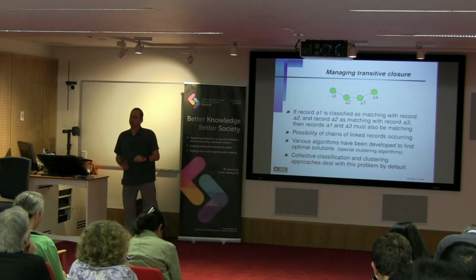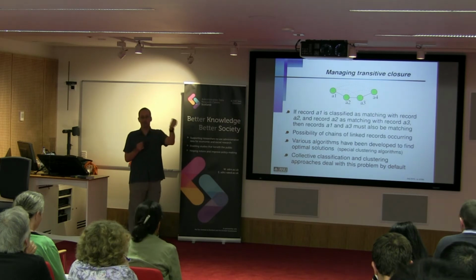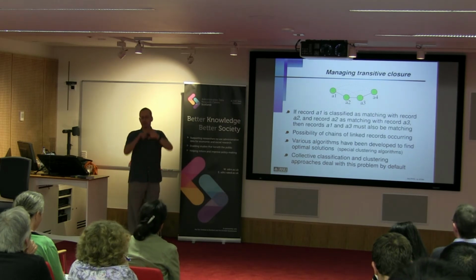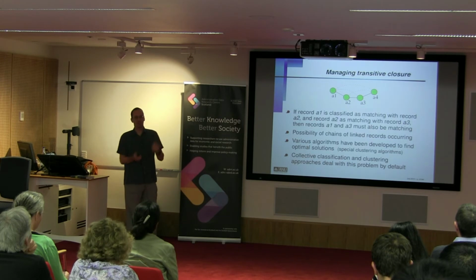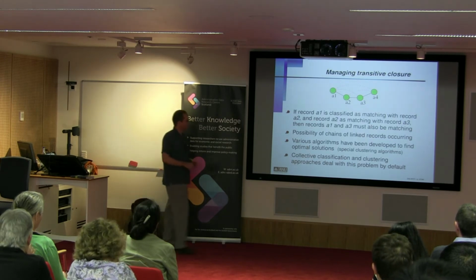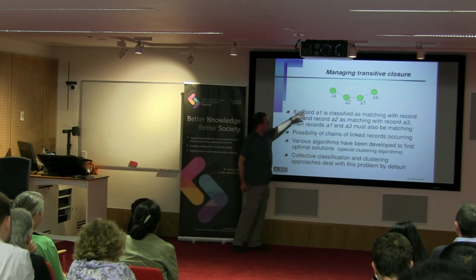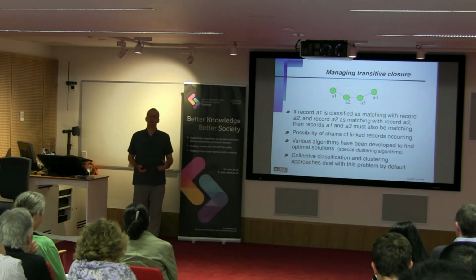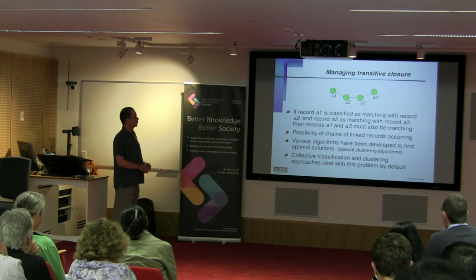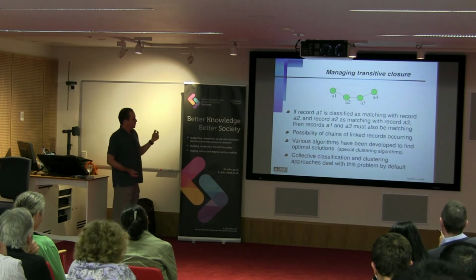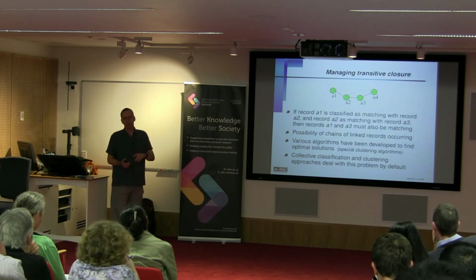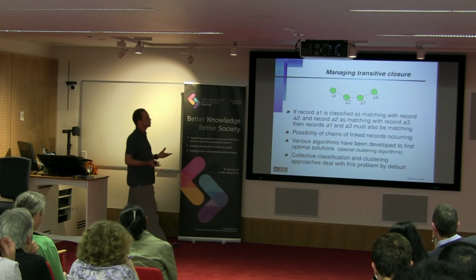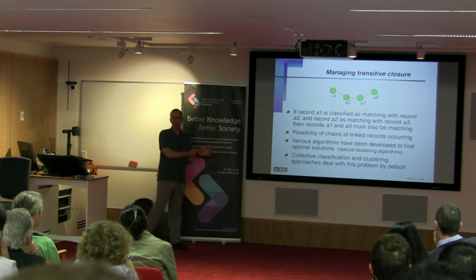And that problem occurs because we link individual pairs without looking at these groupings, these clusters, right? So there's a possibility that these chains can occur in certain applications, certain types of data, and that's a challenging thing to solve. Traditionally, this transitive closure has been dealt with as a post-processing step.